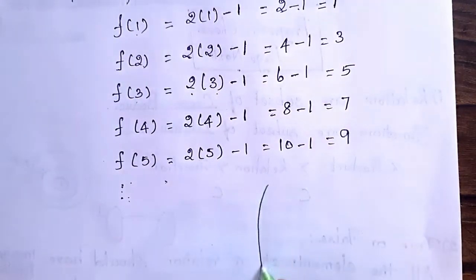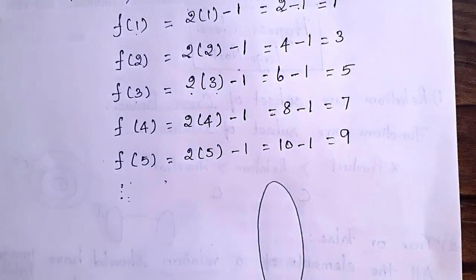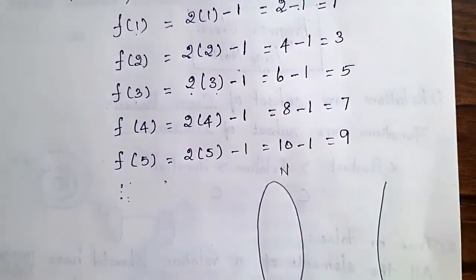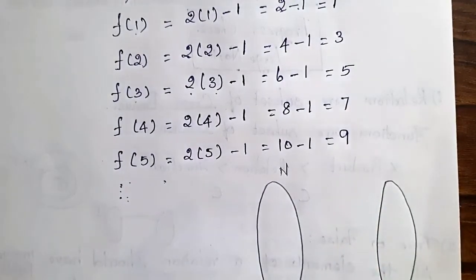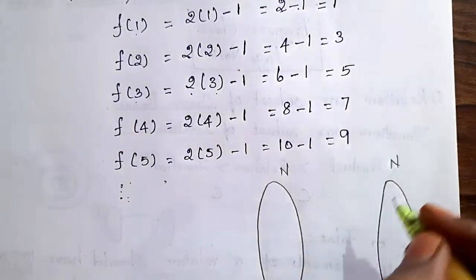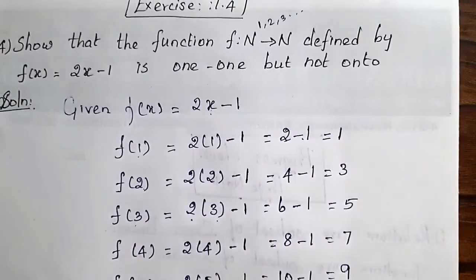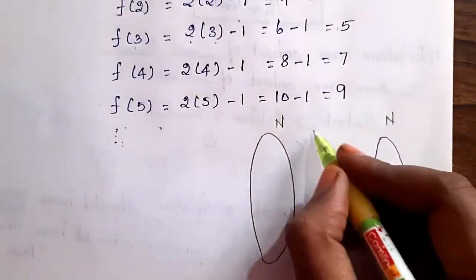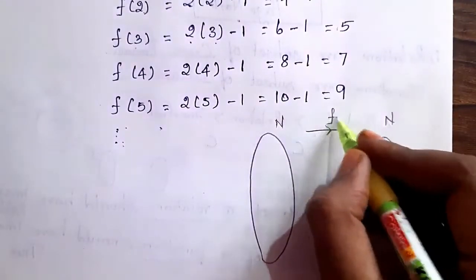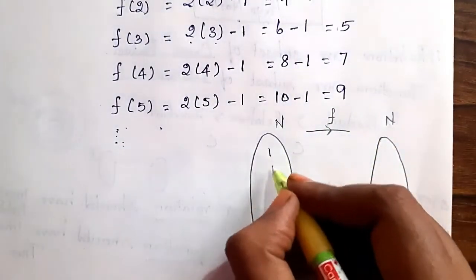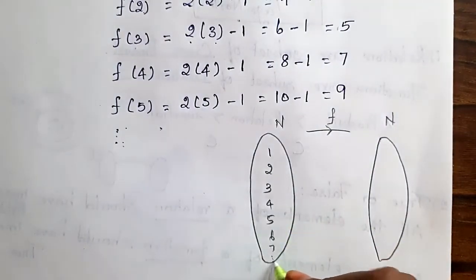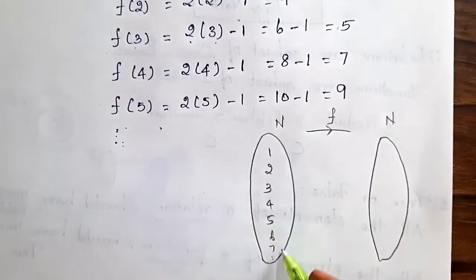Just you can draw the arrow diagram. So it is N, and this also N, because our function is f from N to N. The values are 1, 2, 3, 4, 5, 6, 7, etc. In N, we have the set of all natural numbers.